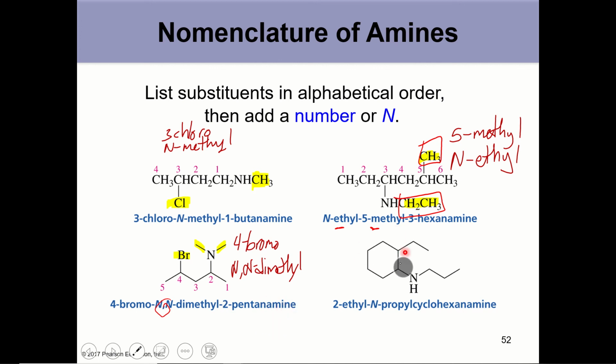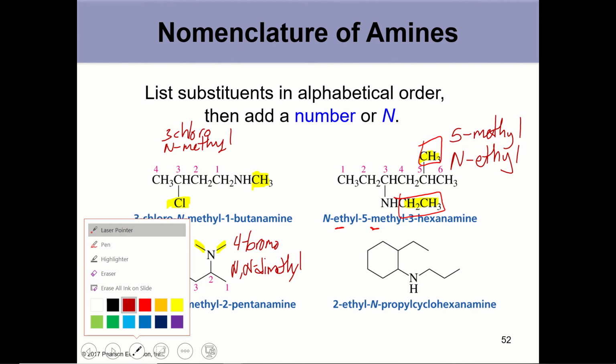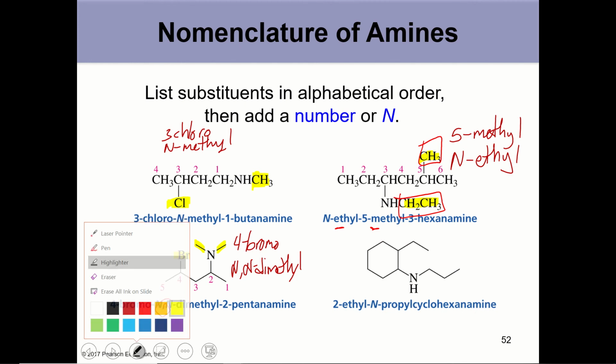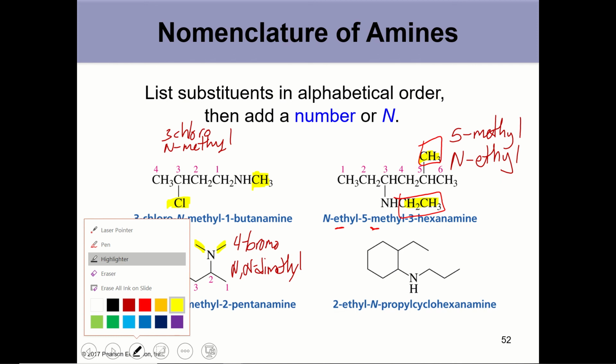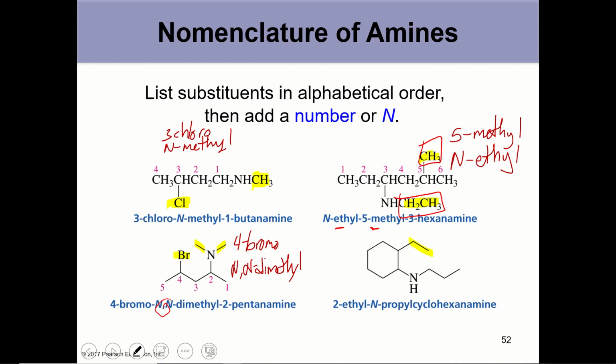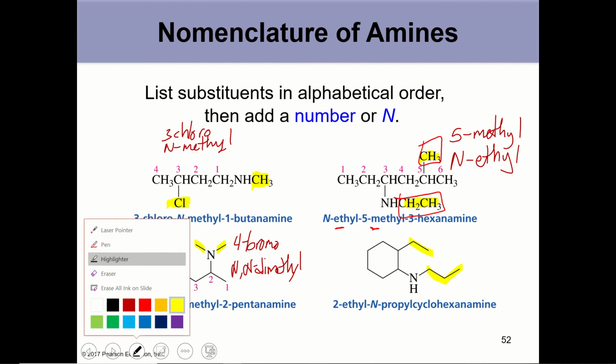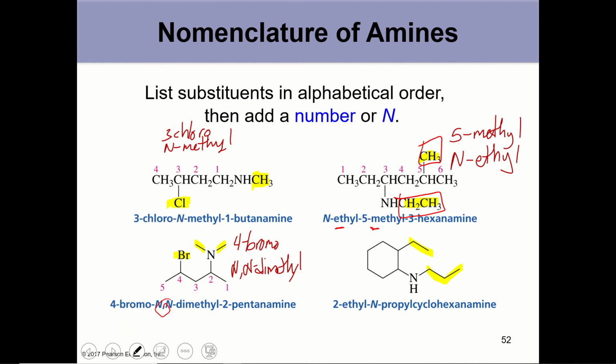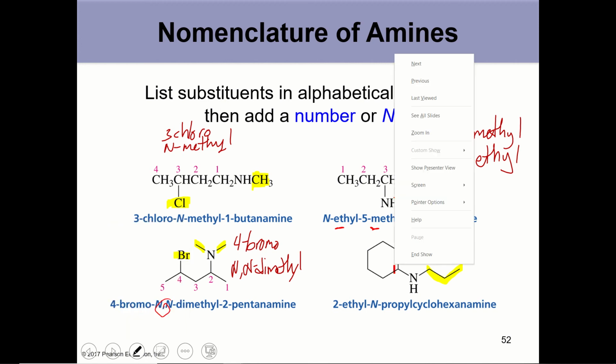For our cyclic structure, the longest chain bonded to nitrogen is the 6-carbon ring. It has a direct bond to nitrogen. And so this is a cyclohexanamine. And then our substituents are the ethyl group and this propyl group. For numbering, the carbon bonded to nitrogen is carbon 1.